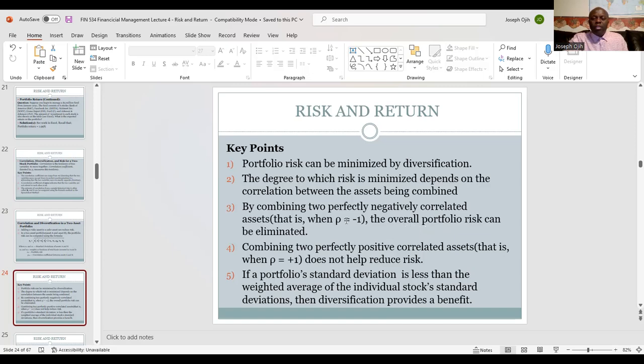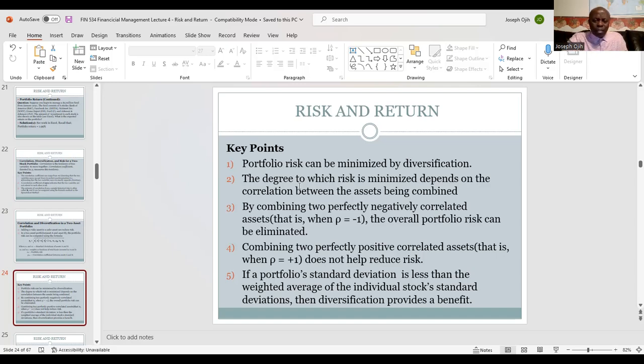When I say negatively correlated, it means that when one moves up, the other one moves down, and vice versa. But if you're combining two perfectly correlated portfolios, whereby the correlation is positive, that is two positively correlated portfolios, that will not reduce the risk. So there has to be negative correlation between the assets in the portfolio before the risk can be significantly reduced.